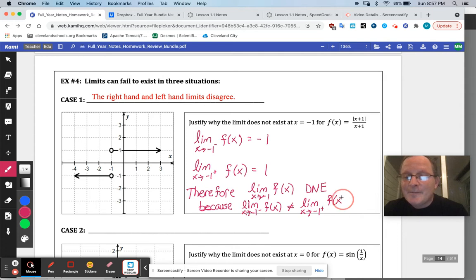I'm just going with it. Boom. And you're like, man, that's kind of wordy. Yeah. The more you say, the better on this stuff. All right, let's look at the next one.